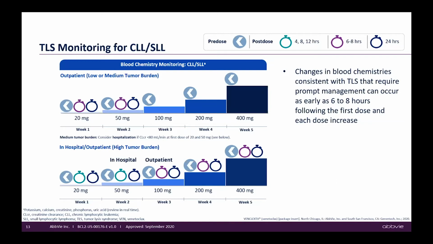Of course, the pre-dose, and then subsequently 4, 8, 12, and 24 hours thereafter. Subsequent dose levels from 100 to 400 milligrams for these high tumor burden patients would warrant outpatient monitoring with the additional nuance of that 6 to 8, and then subsequently 24 hours post-venetoclax dose monitoring.